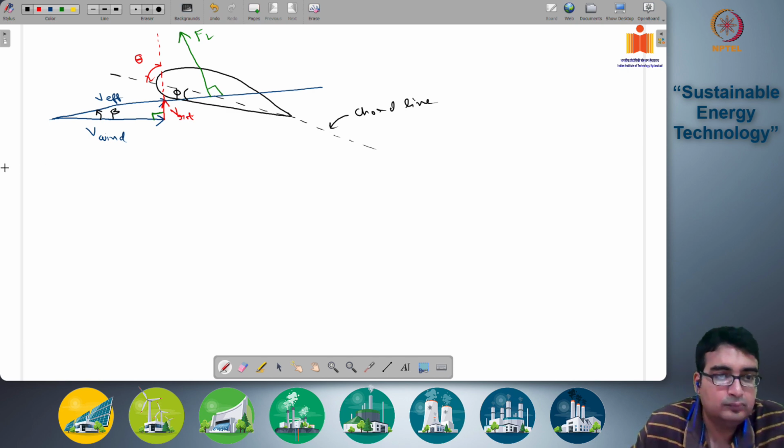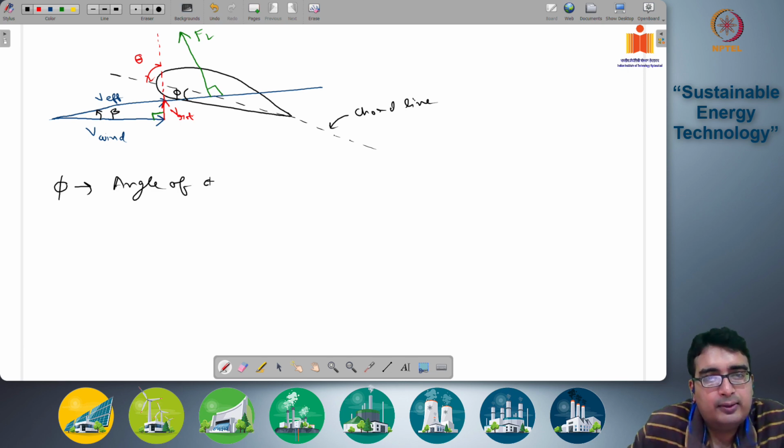Phi is called the angle of attack or blade angle.